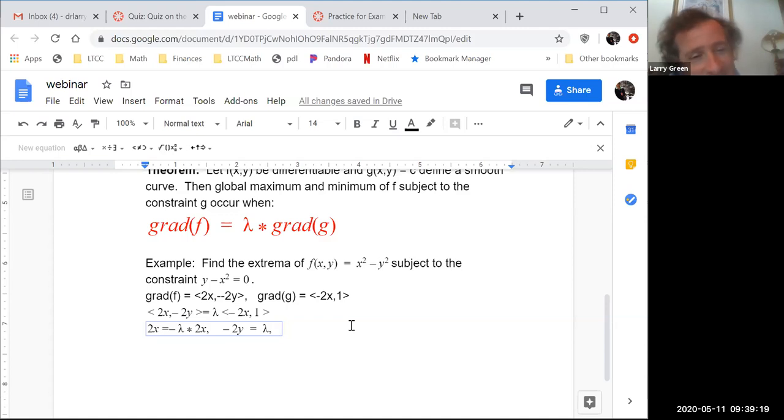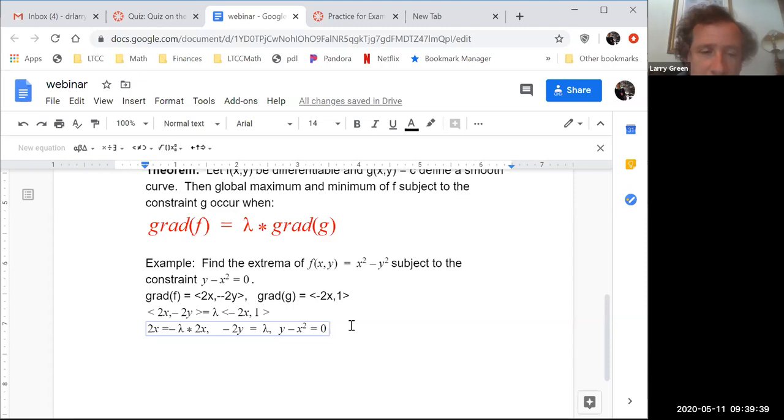Okay, it's actually there, but you have to notice it. And it's y minus x squared equals 0. Because that's an equation. That has to be true because it's a constraint equation that has to be true for the solution to be correct.